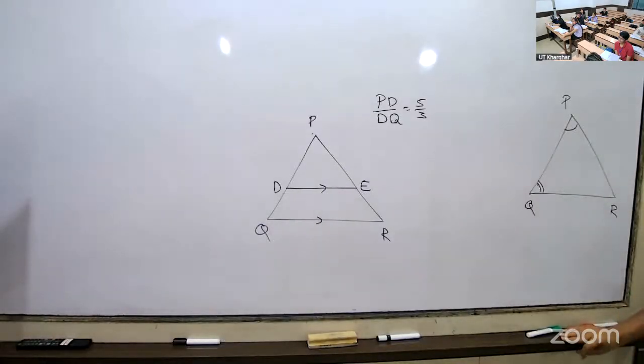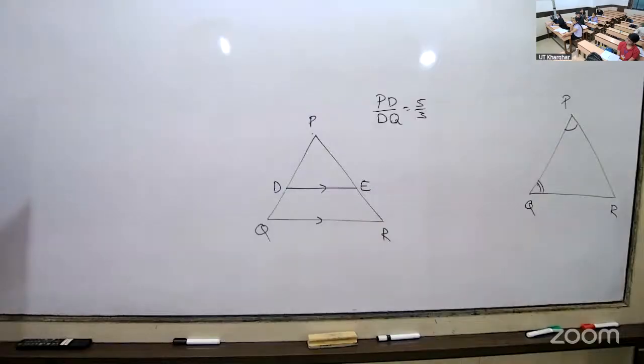Then what will be PD by PQ? 5 upon 8. How did you get it? Simply you can add: PQ is equal to PD plus DQ.